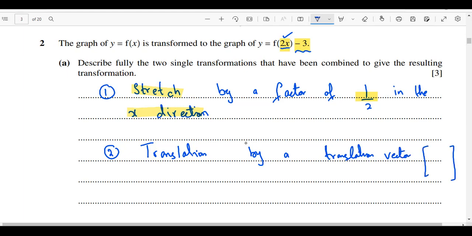Now we know nothing is being added to x, so this would be 0 and this would come as it is, so it would be minus 3. This is how we define it. Here you don't need to talk about the y-axis because it is automatically clear that if it is minus 3 here, it would be because of y.